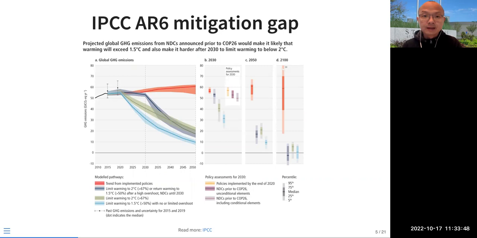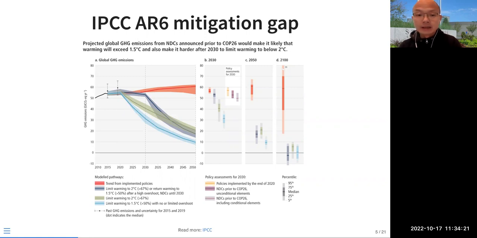Here are the projected global greenhouse gas emissions from nationally determined contributions, that each country announced as their nationally determined mitigation policies or regulations before the UN Climate Conference COP26, compared to the desired outcome.